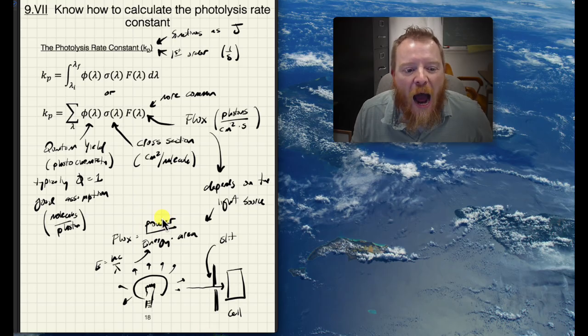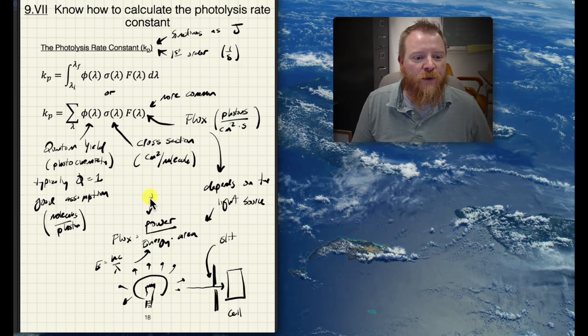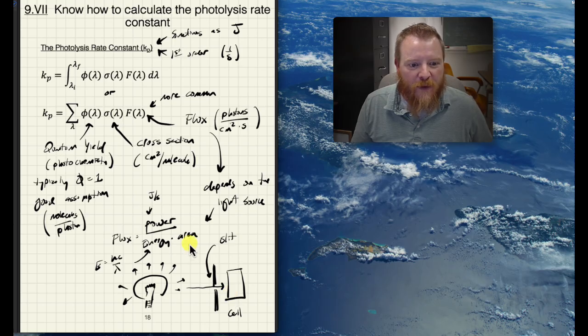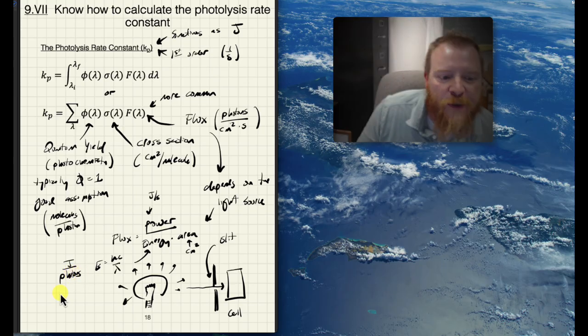Now only a certain amount of light makes it through. And so the power and the area is given by that. So how many joules per second makes it through that area, which is given in centimeters squared. And then, of course, that number is technically joules per single photon.